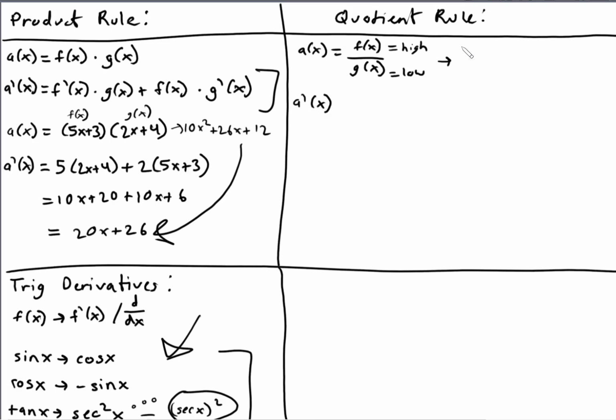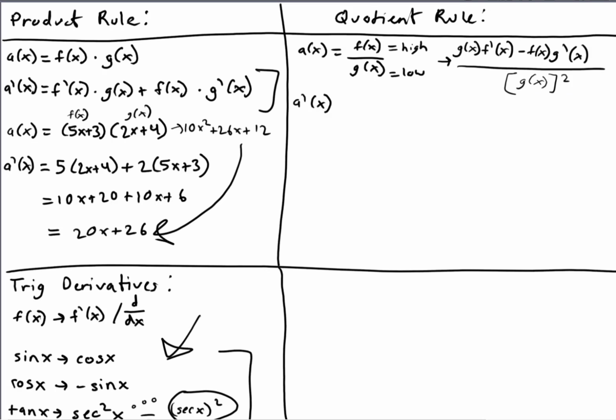So you're going to do the low function, which is g of x, times the derivative of the high function, which is f prime of x, so low d high, minus high, or the high function, which is f of x, d low, or times the derivative of the bottom function, which is g prime of x, all of this over low squared. So you're going to get g of x squared.